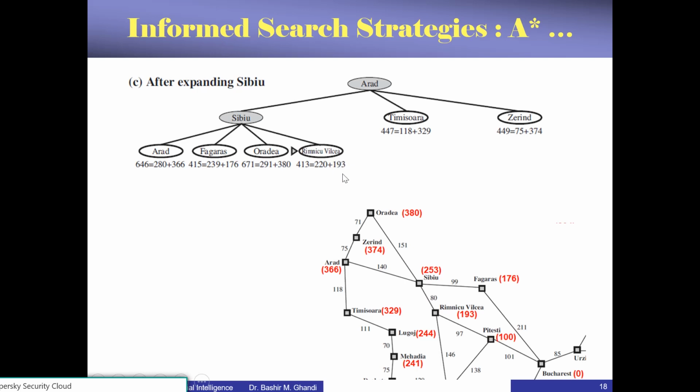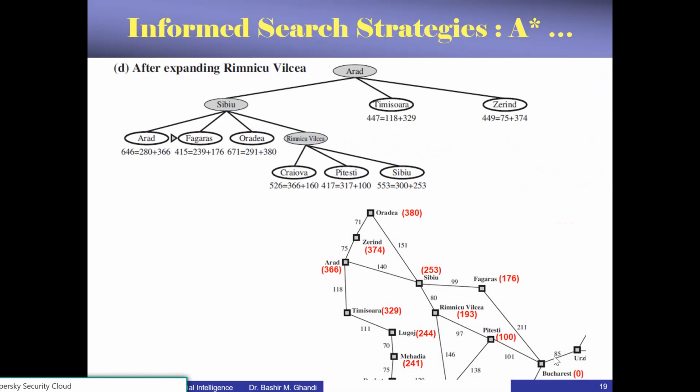If we add the estimate to the goal, the total is still only 413. So this is the difference between this algorithm and the previous one. It's looking not only ahead but also backward. Okay, right. So actually it's going to explore Rimnicu Vilcea next, and that's what we have here.